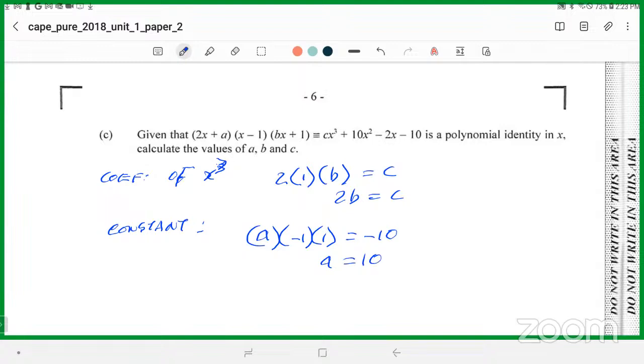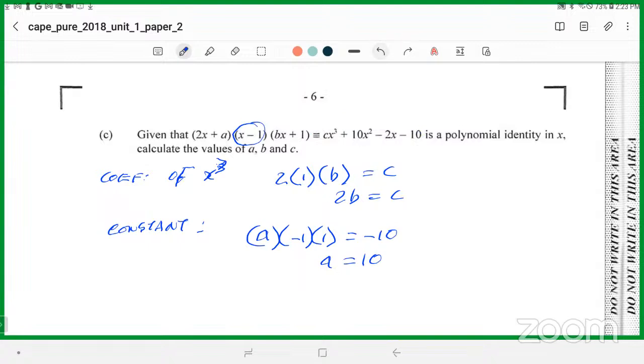So now you need to establish another relationship between b and c, because you have a relationship between b and c now. To find the b and the c, you need another relationship with b and c. But you have to also realize that this is a factor of this expression.